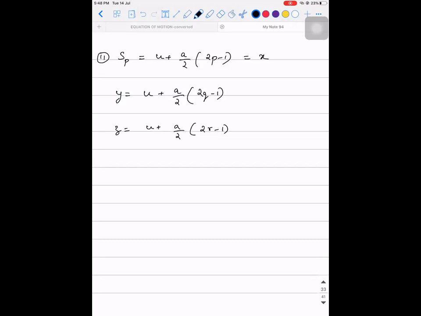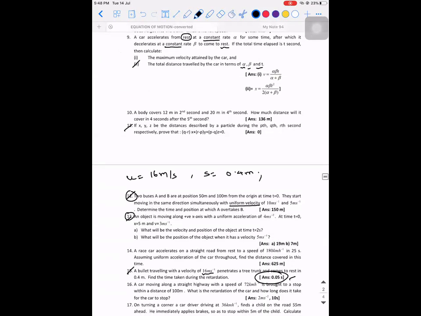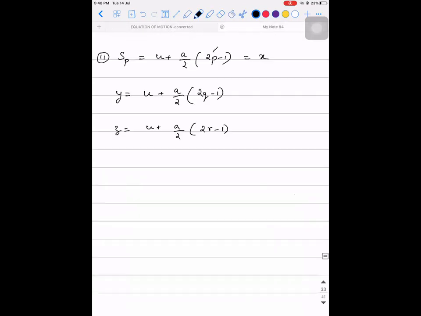So for example, what are they asking? I need q minus r, or let's say p minus q is there into z. So here I have p, here I have q. If I need p minus q, then I need to do x minus y. So if suppose I do x minus y, then what do I do? Or can you guys tell me what is the value of u and a?